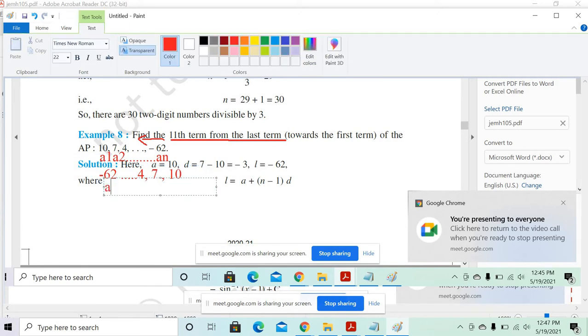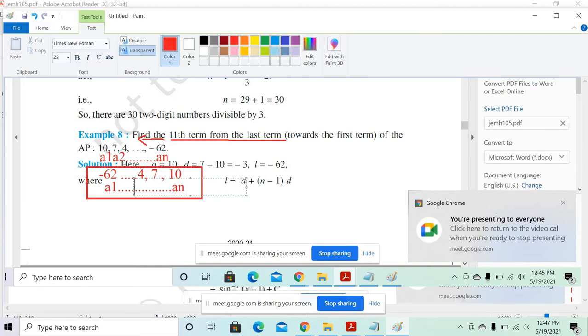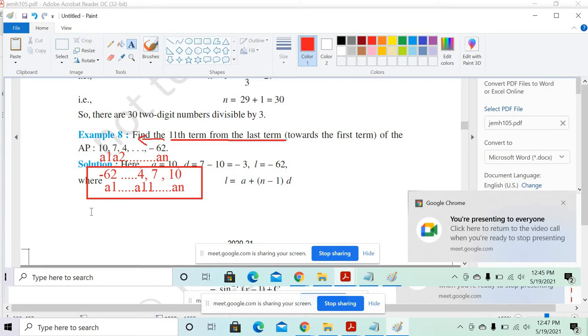Now this becomes the first term, and this becomes the nth term. The new sequence you got is this one. Now we need to find A11, which is somewhere in between.